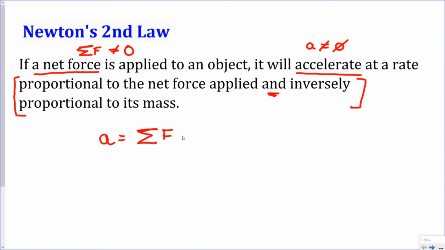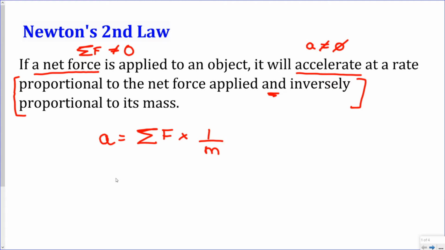And in this case, we're going to multiply by inversely proportional to its mass. Inversely proportional means instead of one going up and the other going up, if one goes up, the other goes down, or vice versa. The way that we write an inverse is 1 over, so inversely proportional to its mass is 1 over m.